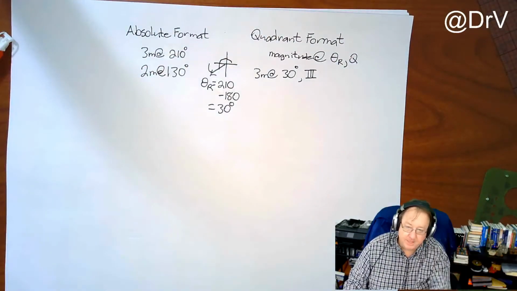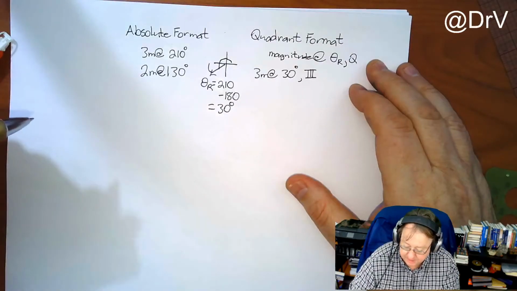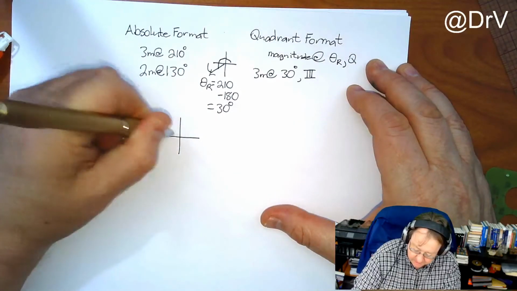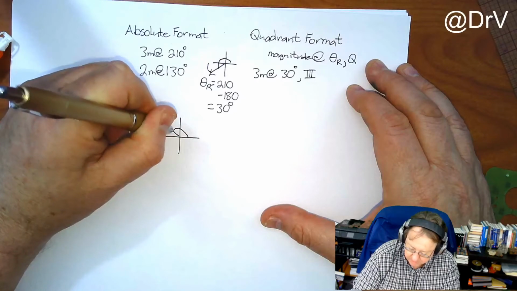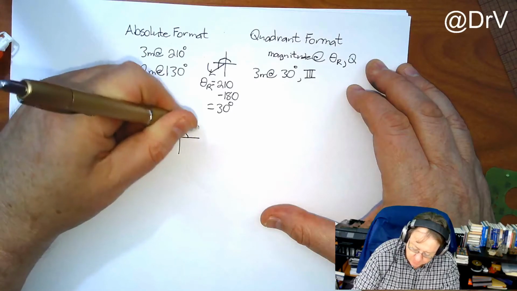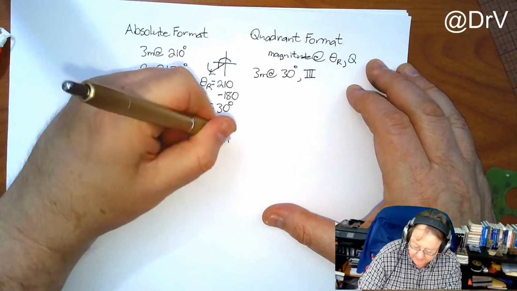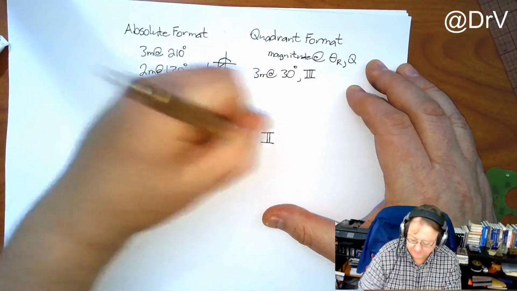And we'll do a lot more of this on Tuesday. 2 meters at 130. Well, 130 is a second quadrant angle. So the 2 meters at 130 becomes 2 meters at second quadrant.